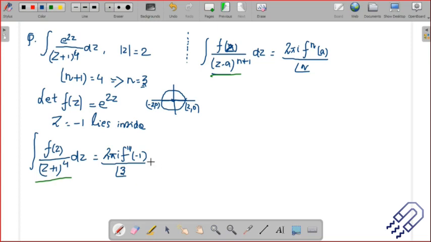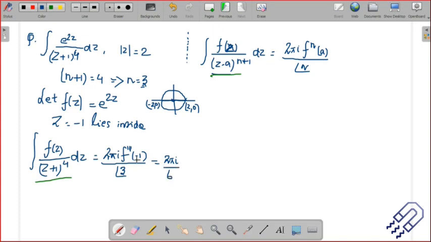So that means if I solve it, let's just check it once. This is 2 pi i divided by 6.